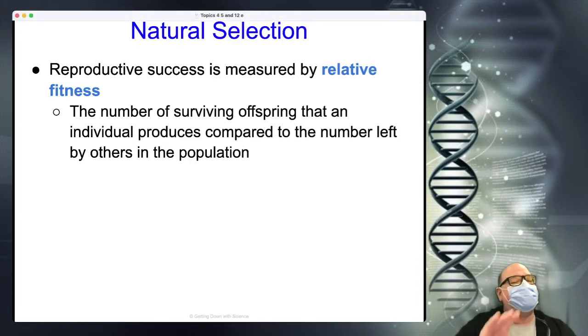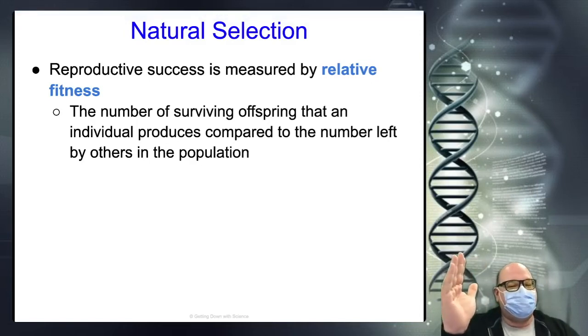And reproductive success, we talked about this already, is relative fitness. Relative fitness is the number of offspring an individual produces compared to others in the population.